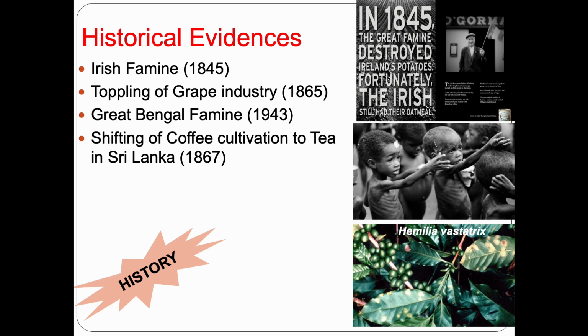We cannot forget the Great Bengal famine, which occurred in West Bengal of India in 1943, which took millions of people in our country, followed by the shifting of coffee cultivation to tea in Sri Lanka in 1867. This is because of one disease in coffee, called coffee rust, caused by Hemileia vastatrix. Similarly, a lot of examples are there, and they show that plant diseases are very important.